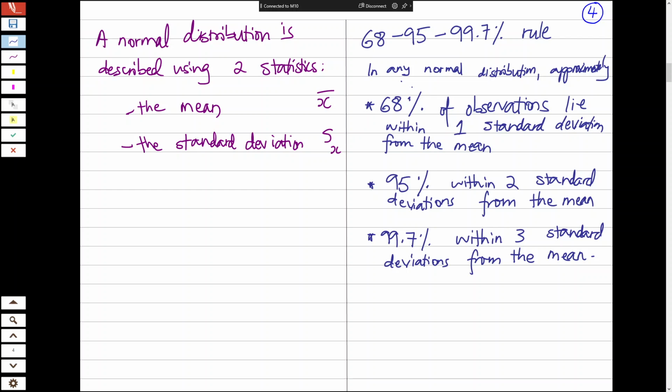Okay, you're almost done. All right, I'll write the rule. I'm doing the 99. It means from 99. Yeah, the sentence structure is the same. So you just need 99.7 and 3. So 99.7% within 3 standard deviations.